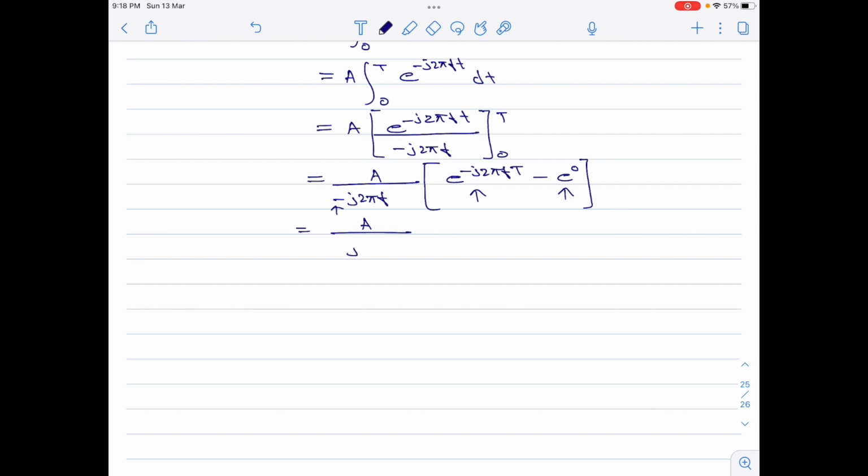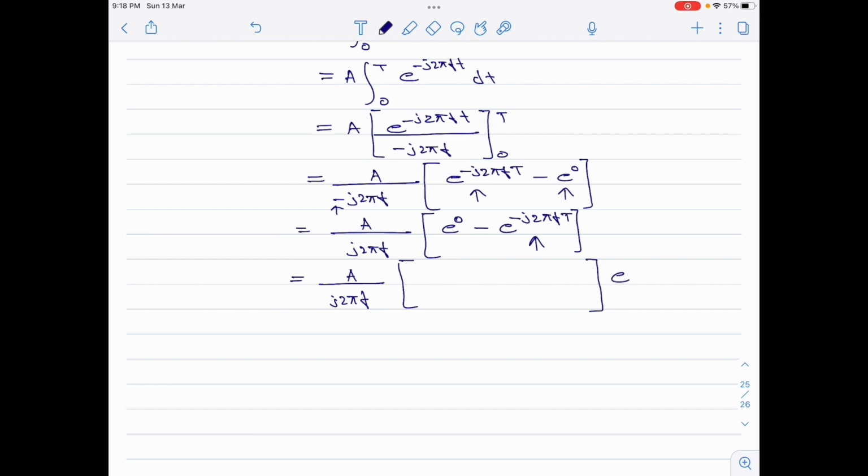So, this will be plus j 2 pi f multiplied by e to the power of 0 minus e to the power of minus j 2 pi f into capital T. So, I will reduce this to the form. Here you can see we have e to the power of minus j 2 pi ft. So, I will take one of the terms here as common.